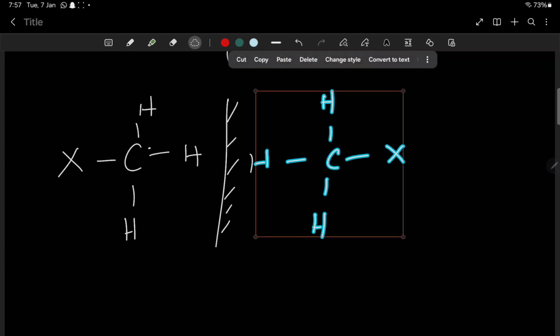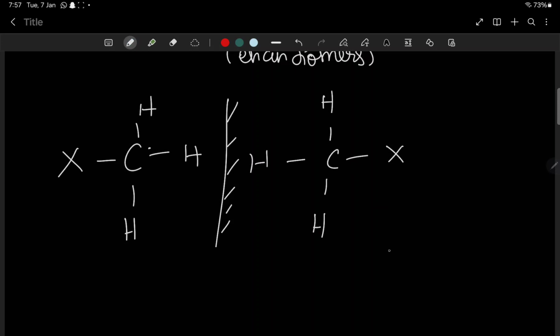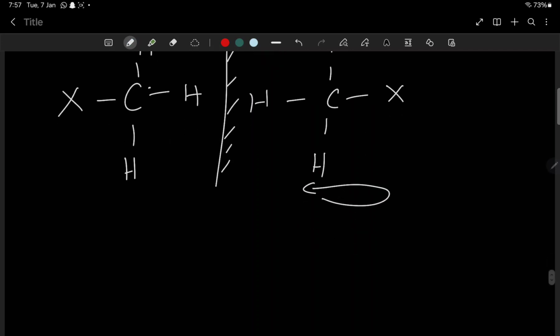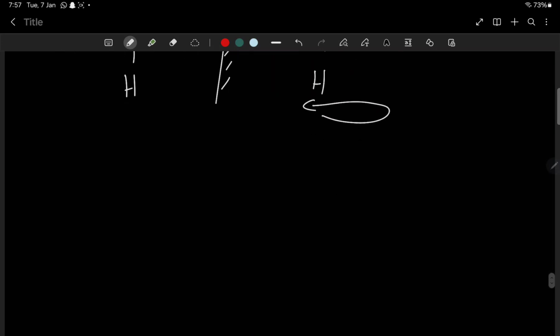Rotated 180 degrees means just rotate it like this. So you can superimpose the mirror image. So that's about optical activity. A lot of things are given in the book. You can just read through it.